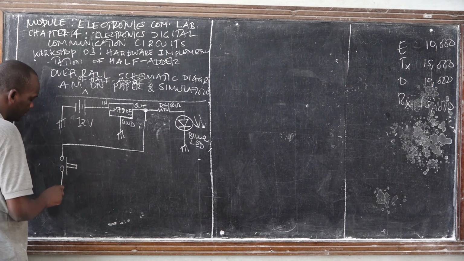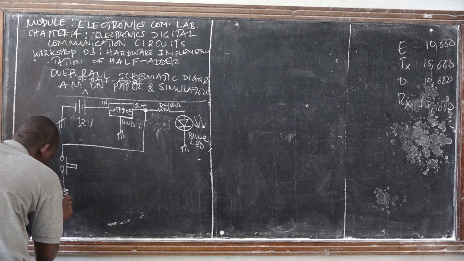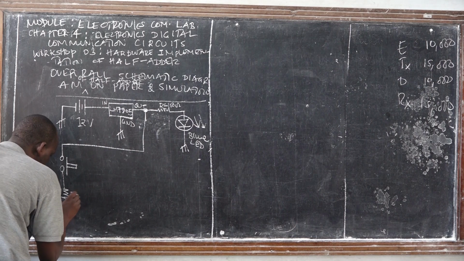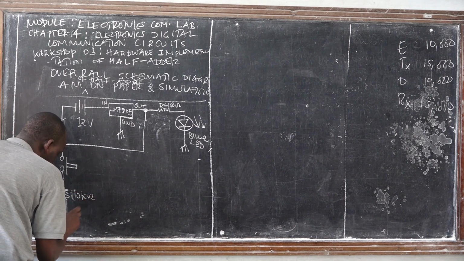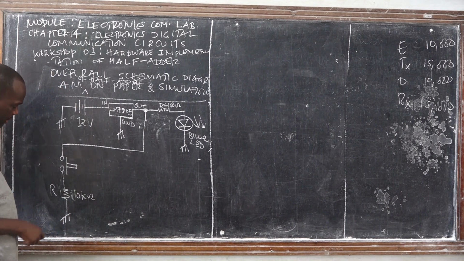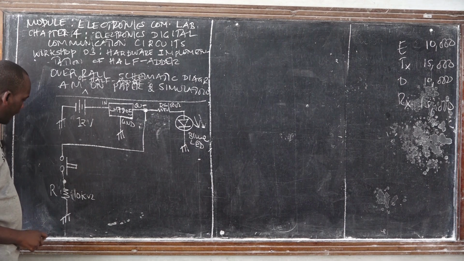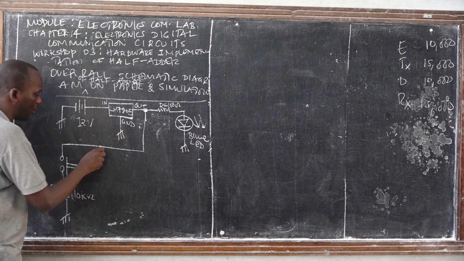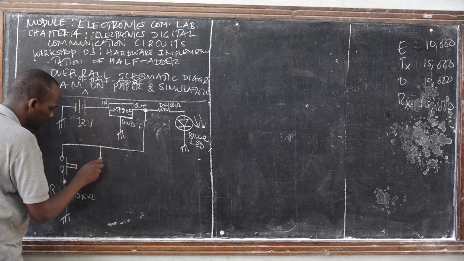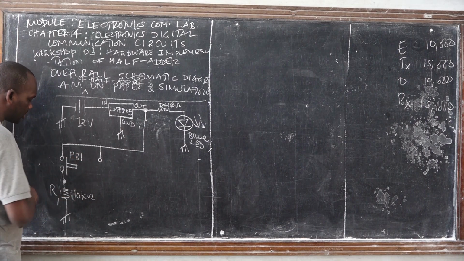And also in simulation, we need to have a pull down resistor network. For this case, we need a resistor of 10 kilo ohm. This is the ground terminal. How many inputs do you have, class, in alpha? How many binary inputs do you have? 2. So this will be our push button number 1. This is resistor 1.